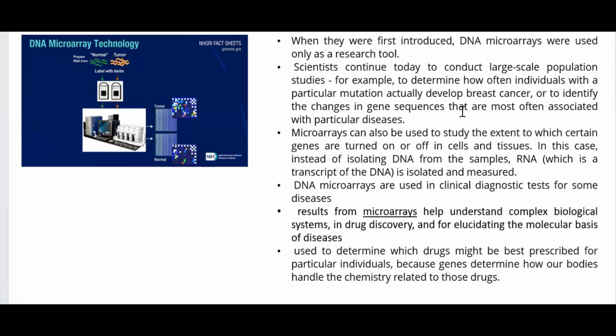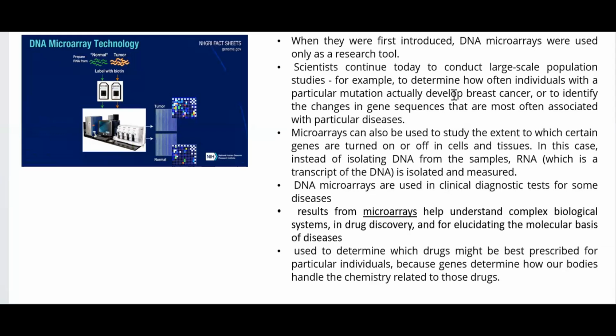BRCA genes are there, and single nucleotide variation can give the disease development or cancer development. So a large population can be scanned for that BRCA gene, and single nucleotide variations in the particular mutation site can be checked for the possibility of developing breast cancer.